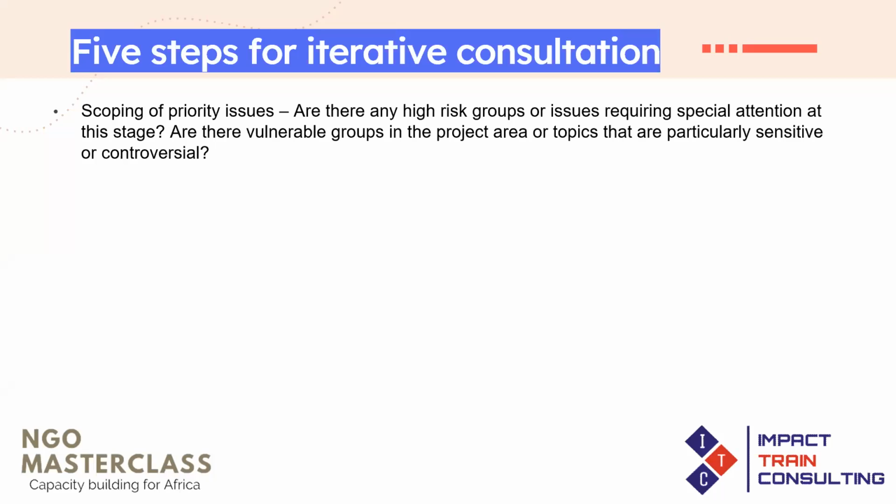So this will enable you to tailor your consultation to meet specific needs, so that when you're going to consult the people, you know that you're not leaving any vulnerable groups behind. Somebody asks about gender. You need to think about what the issues around gender are, what the needs of the women and the other vulnerable groups are, so that when we go to consult the communities, we can raise these things up.